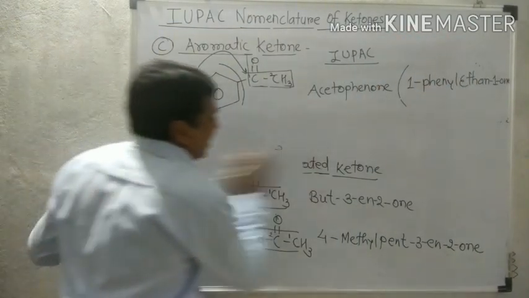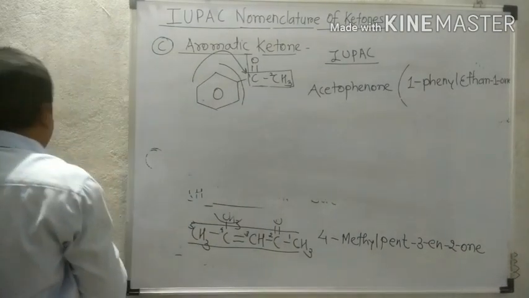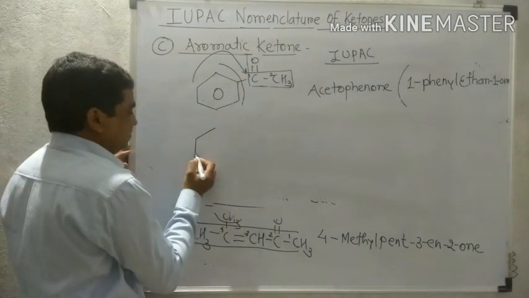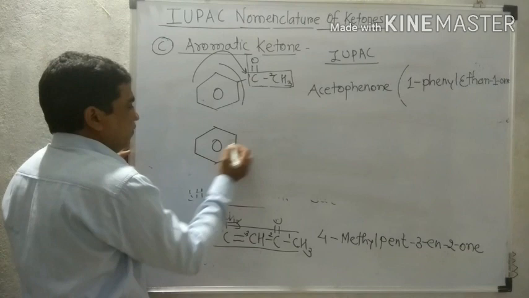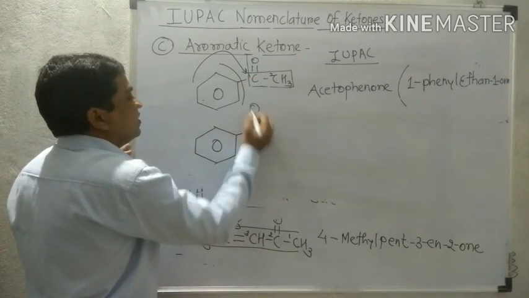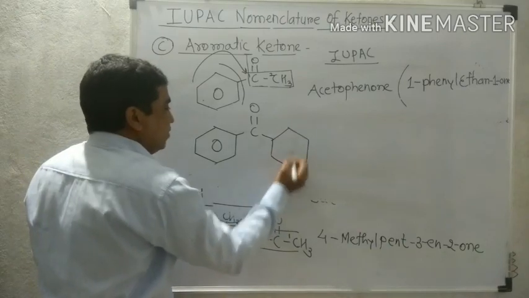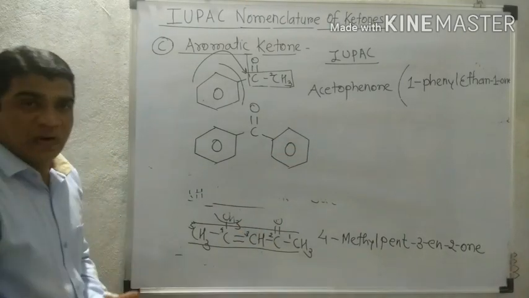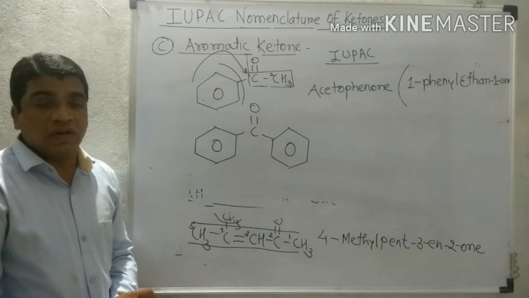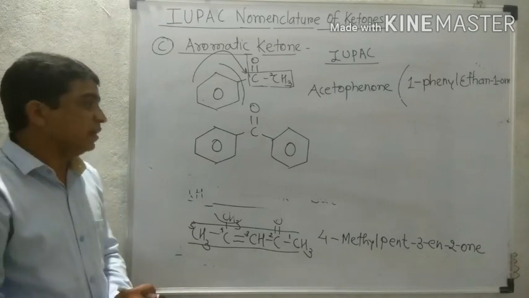Another aromatic ketone: if 2 benzene rings are attached with C double bond O from both sides, we know that it is called benzophenone in the common name system. We already discussed that.